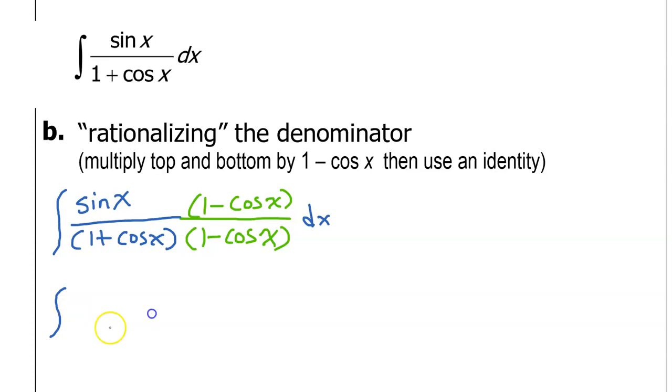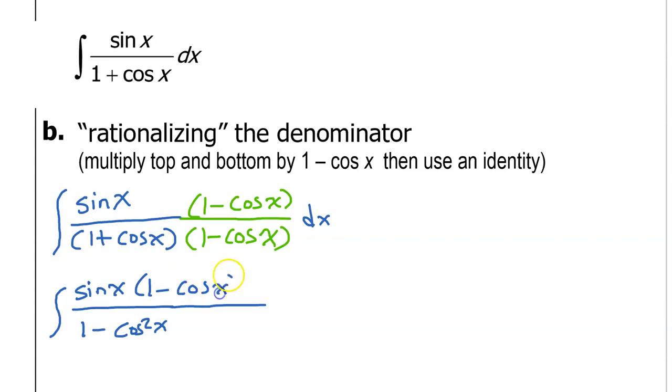So the denominator should be 1 minus cosine squared. In the numerator, I just have this sine x. Should I distribute this? I'm going to leave it for now. So I have sine x times 1 minus cosine x dx.